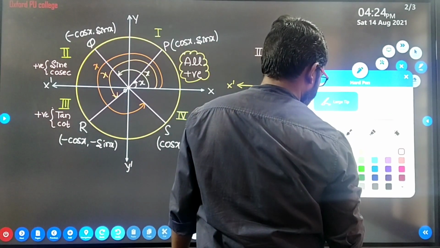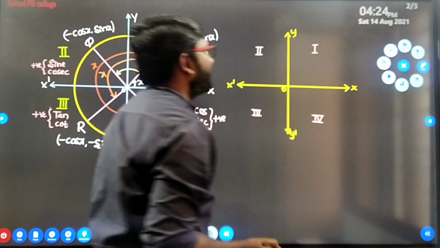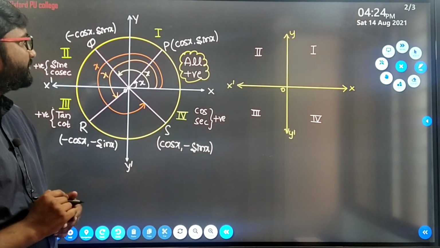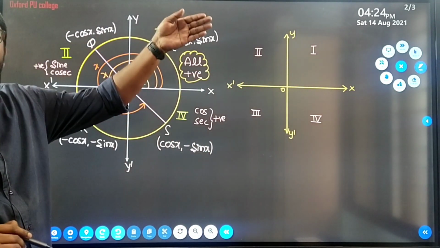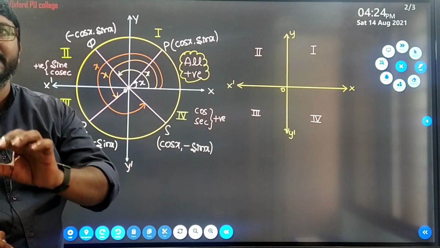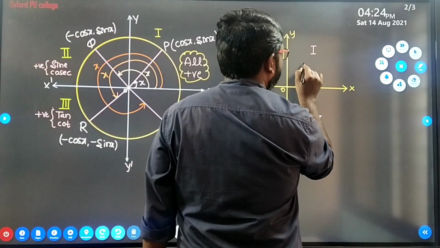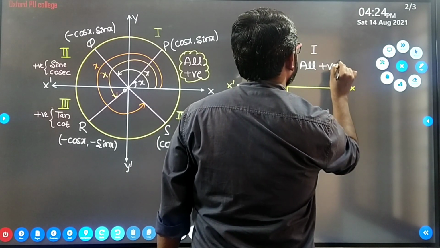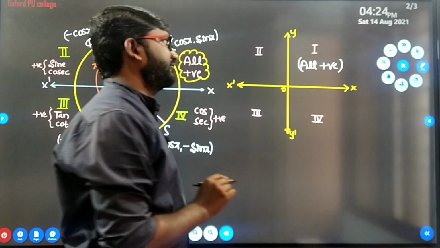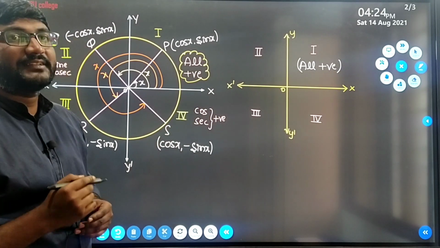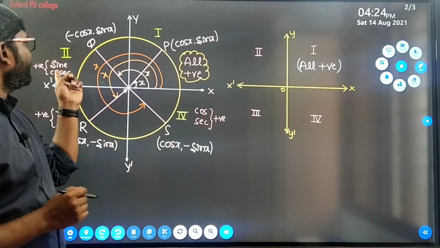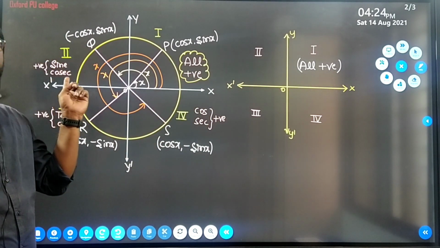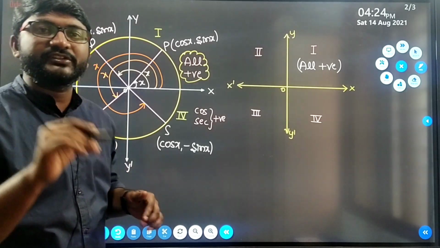So now in the first quadrant, which are all the trigonometric ratios that are positive? All positive. All the 6 trigonometric ratios or functions will be positive. That is why I will be writing all positive. In the second quadrant, only sine and its reciprocal cosecant are positive.